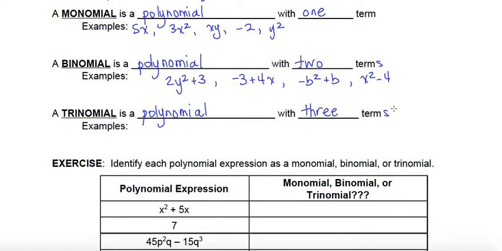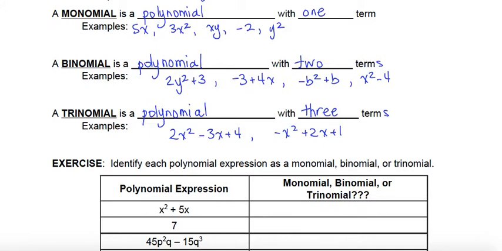Some examples of a trinomial could be 2x squared minus 3x plus 4. Another example might be -x squared plus 2x plus 1, and any other variations. So this is a polynomial with 3 terms, separated by addition or subtraction signs.